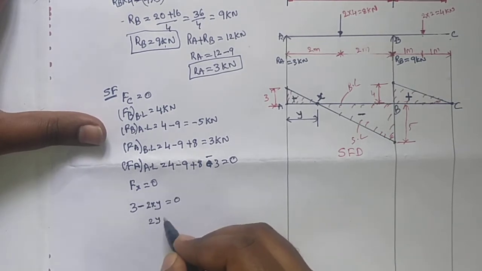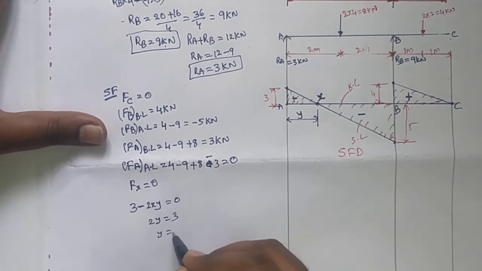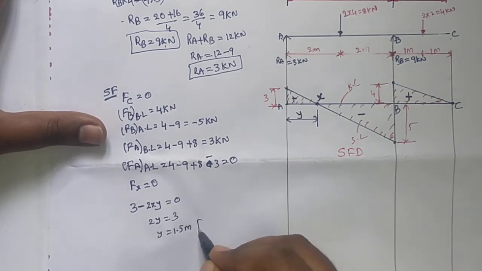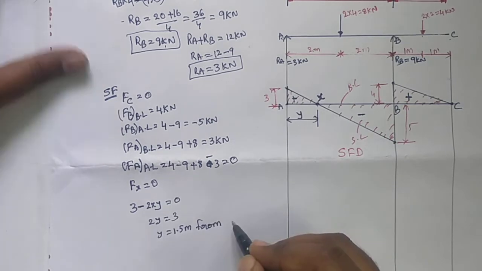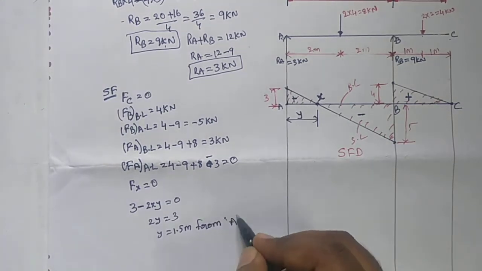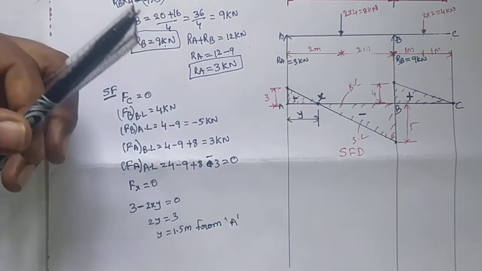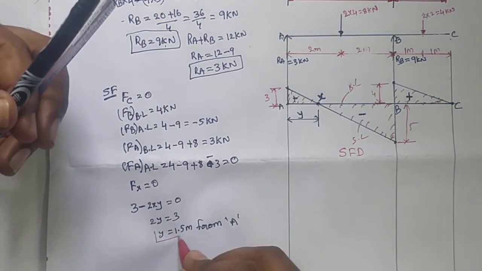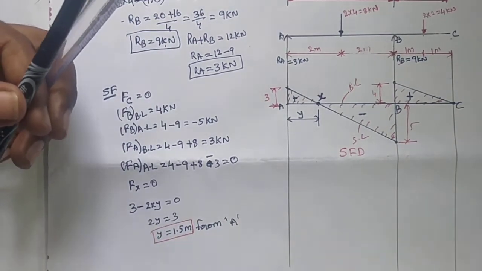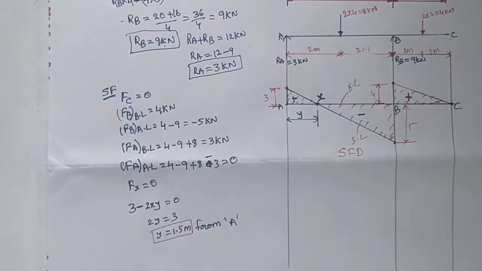So 2Y is equal to 3. Y is equal to 3 by 2, that is 1.5 meters from point A. At this point the bending moment value is maximum.